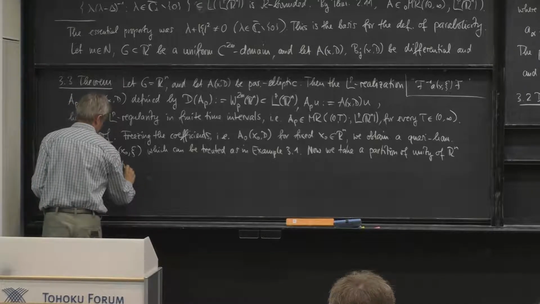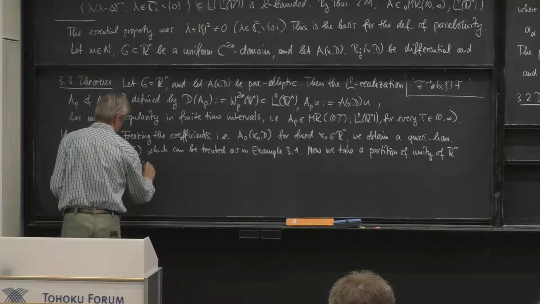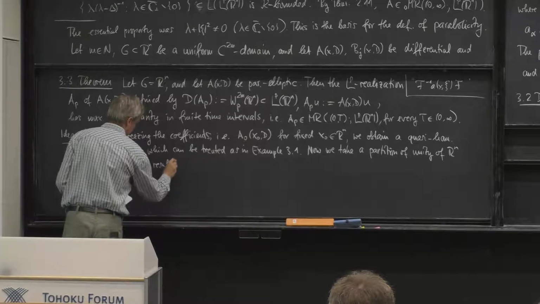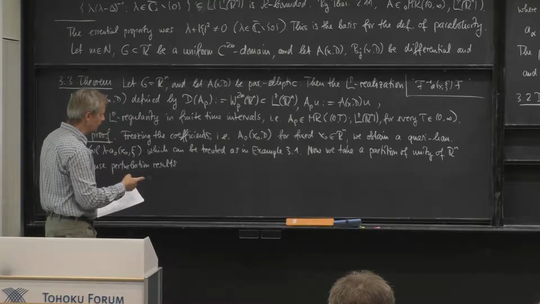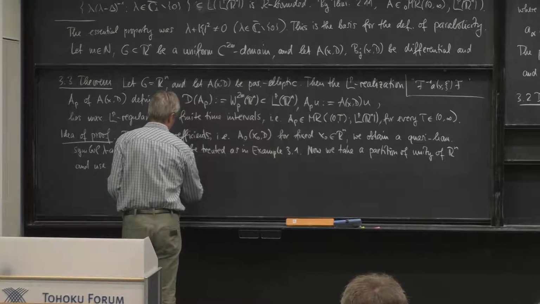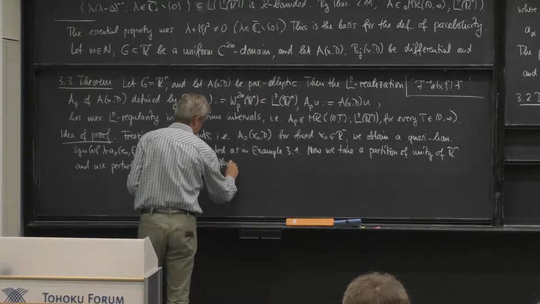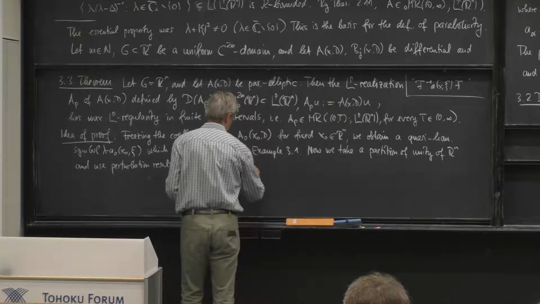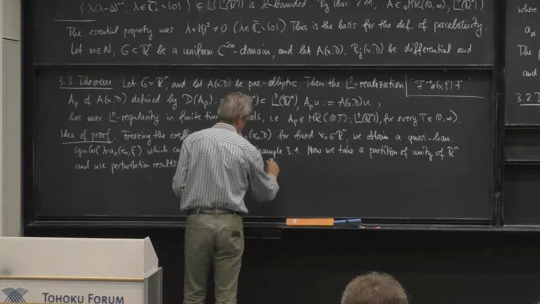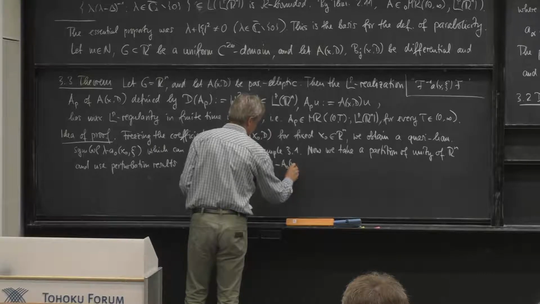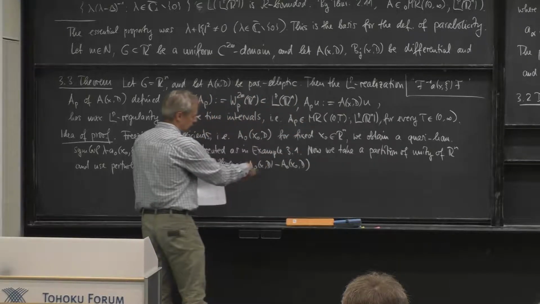We use perturbation results in two ways. First, for the difference A0(x, D) minus A0(x0, D), and here we need this continuity.